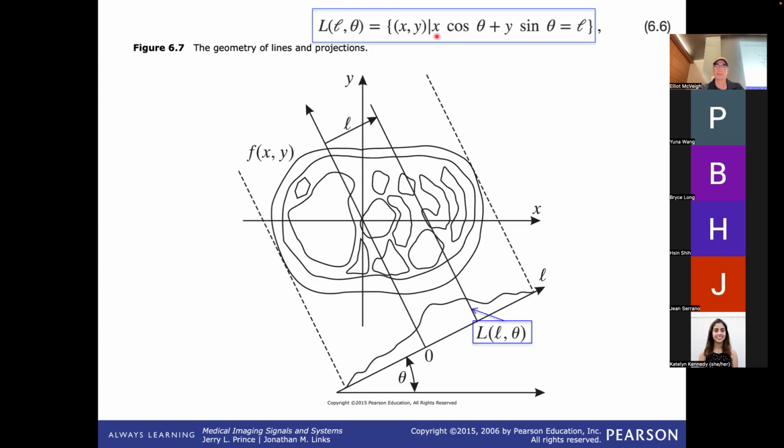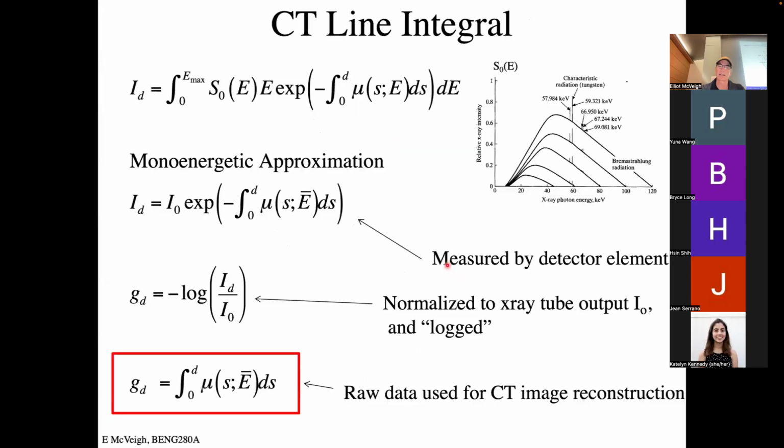If you want, you can rewrite this as y equals mx plus b. It's just the equation of a line in the plane. But it's a different way of writing it down such that L, which is our parameter here, is in the equation, and theta, which is our angle, is in the equation. And so this cap L theta is all of the points along this line, mathematically.